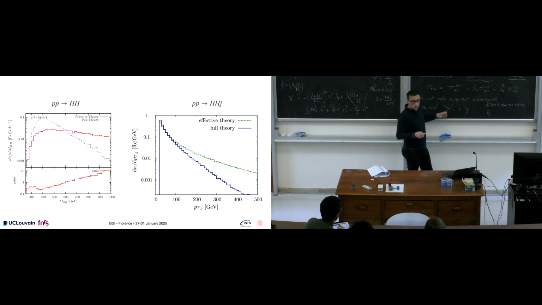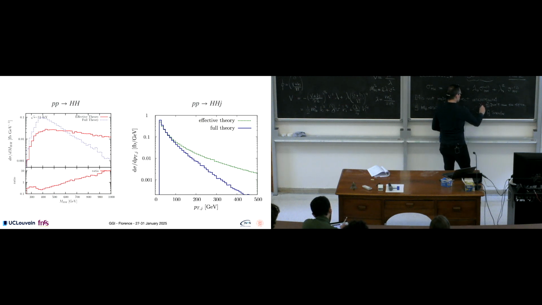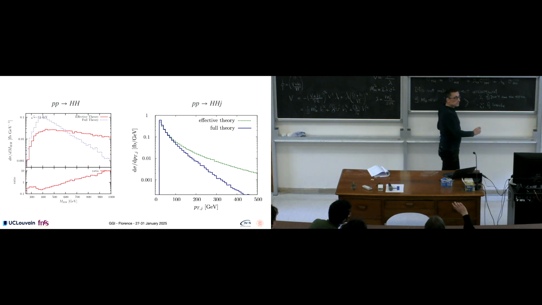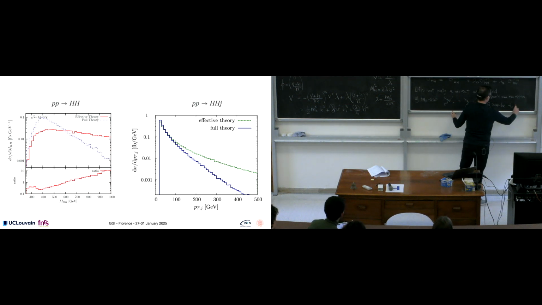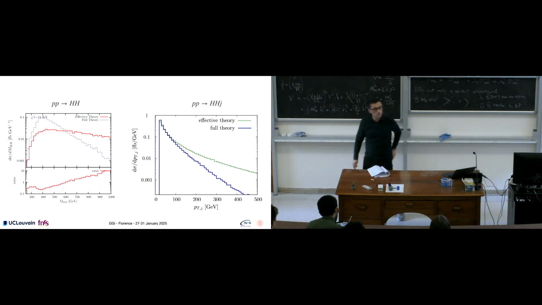Now it is new physics, right? So I will be sensitive. So this is a bad thing, no? Because it means that I cannot use this, which is easier. But this one is good, because I'm sensitive to new physics in the loop. Yes, heavy new physics.